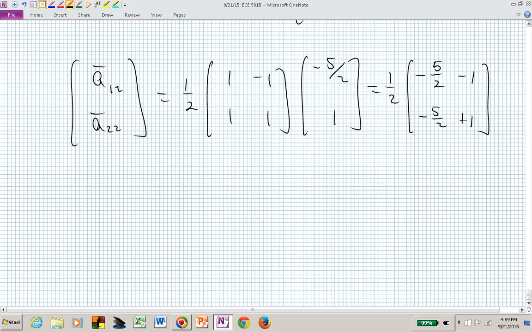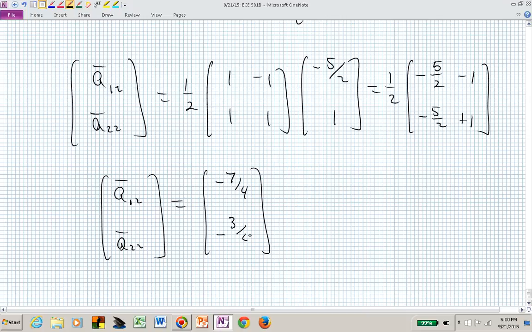Or I'm taking away 1 from minus 5/2, and I'm adding 1 to minus 5/2. So that now I end up with minus 7/2 scaled by 1/2, or minus 7/4 in the first coordinate, and that's actually going to be my A12 bar. And my A22 bar becomes minus 3/2 scaled by 1/2, or minus 3/4.